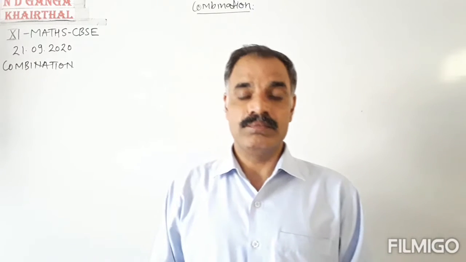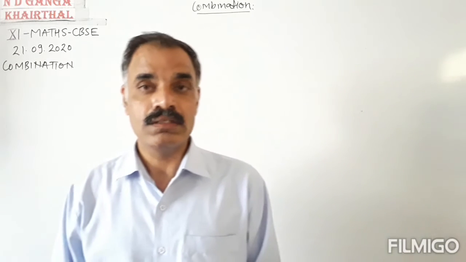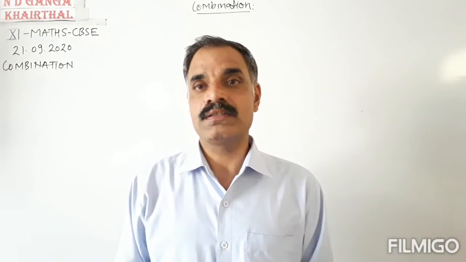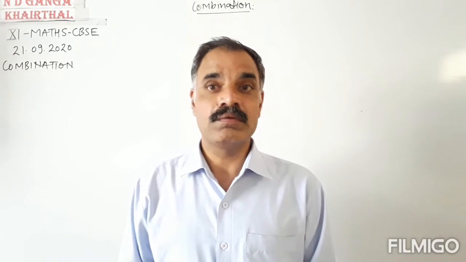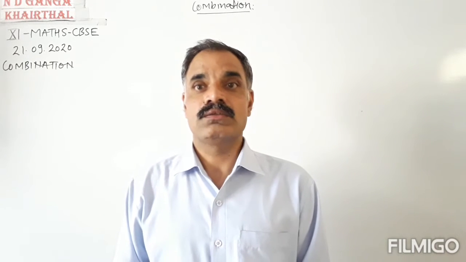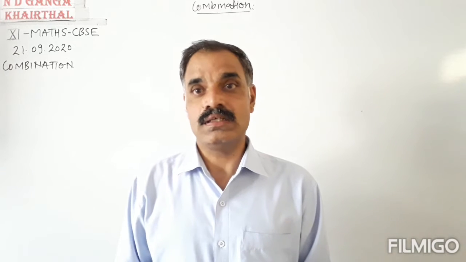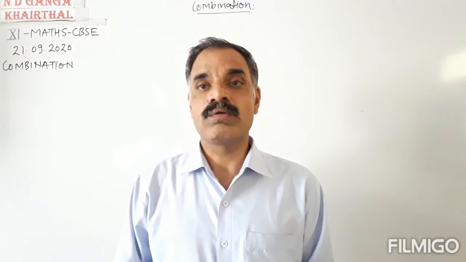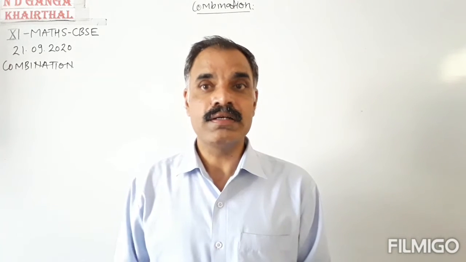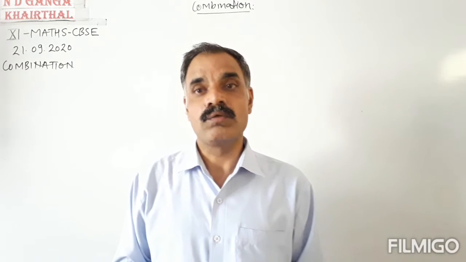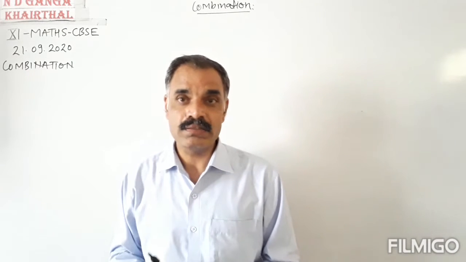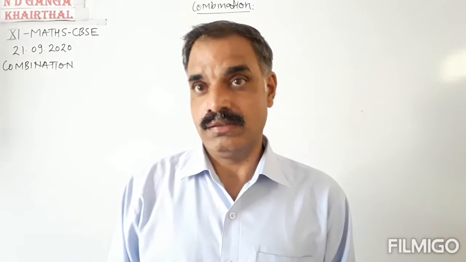So we have to select r persons out of the given n different persons. So selection of r persons from the given n different persons is called combination. So combination simply means selection.